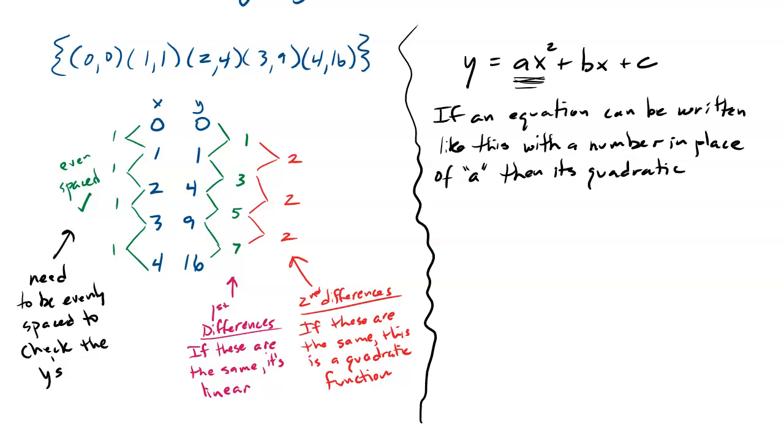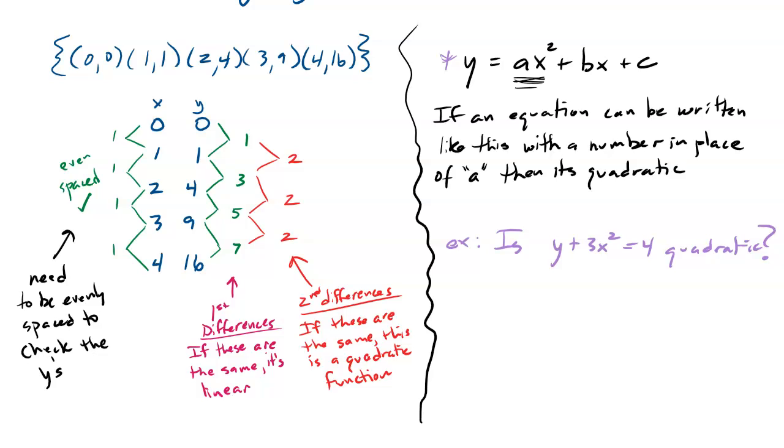So if I give you y plus 3x squared equals 4, and you're asked if it's quadratic, what we're going to try to do is make it look like the one up on top.